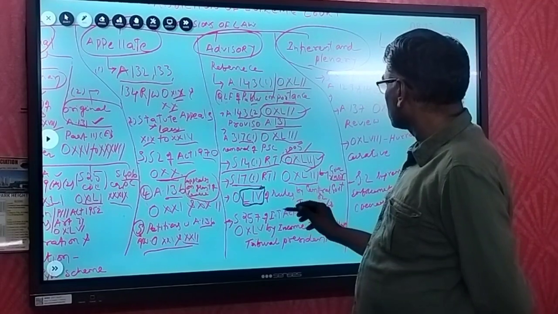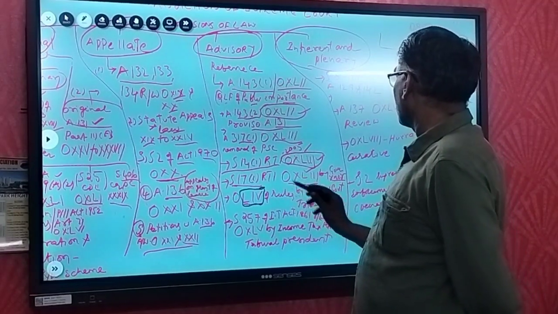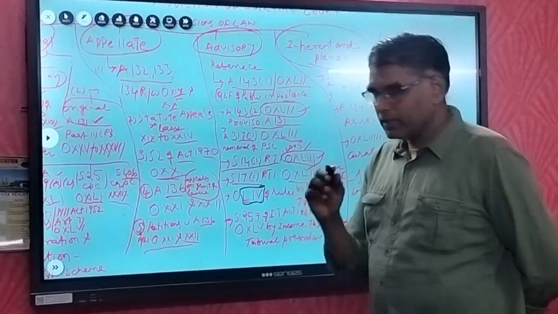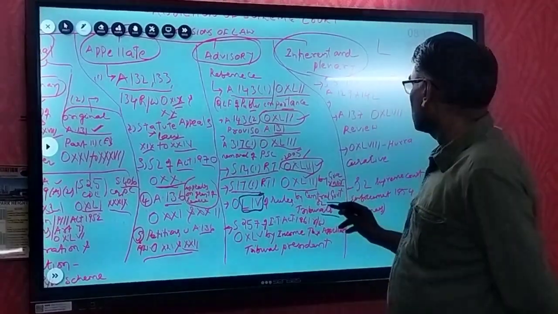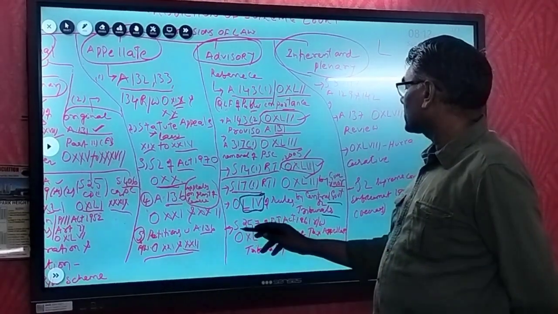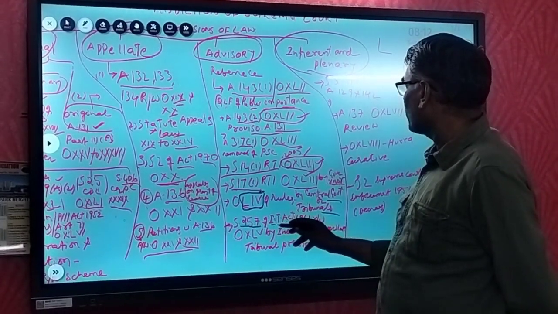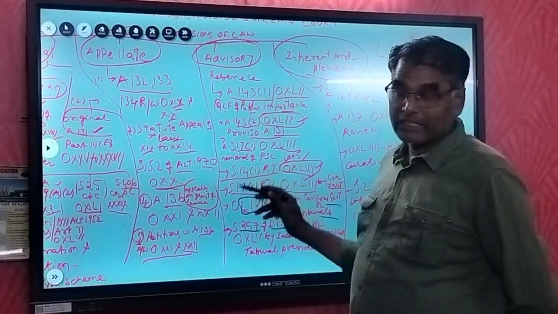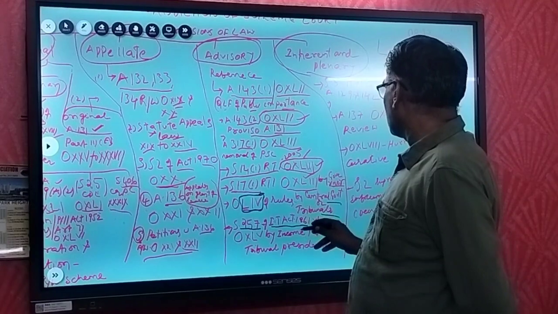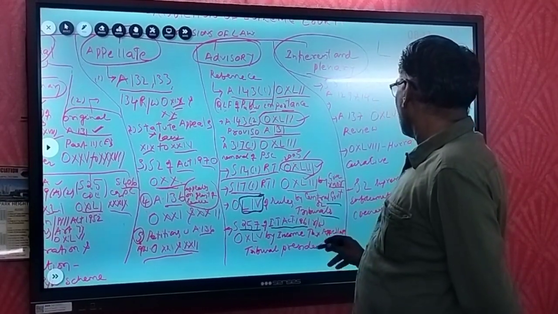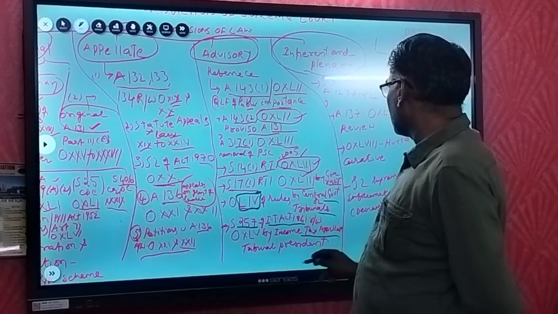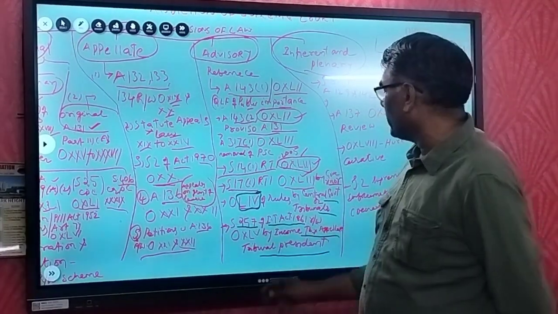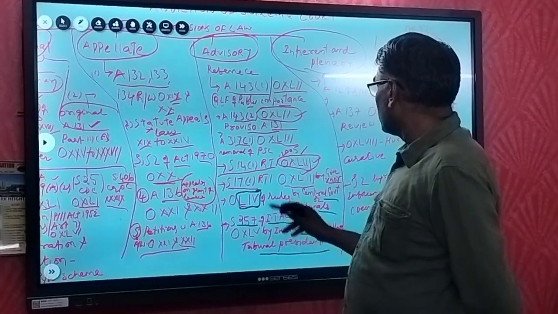Order 54 of the rules deals with references by the Central Government or tribunals. Any reference can be made by the Central Government or tribunals. Next, Section 257 of the Income Tax Act 1961. Under this section, the President of the Income Tax Appellate Tribunal can refer any matter to the Supreme Court.